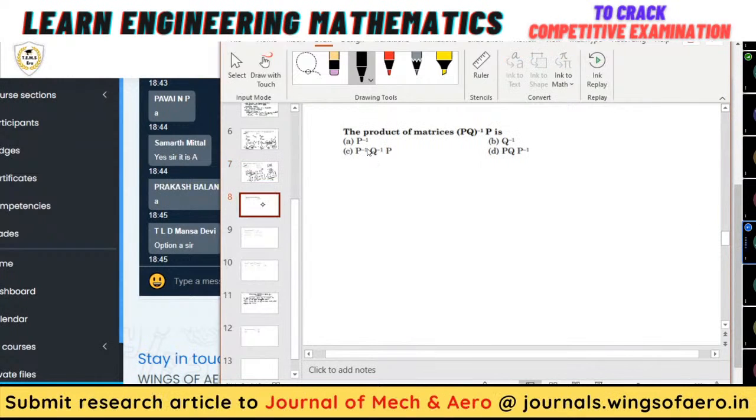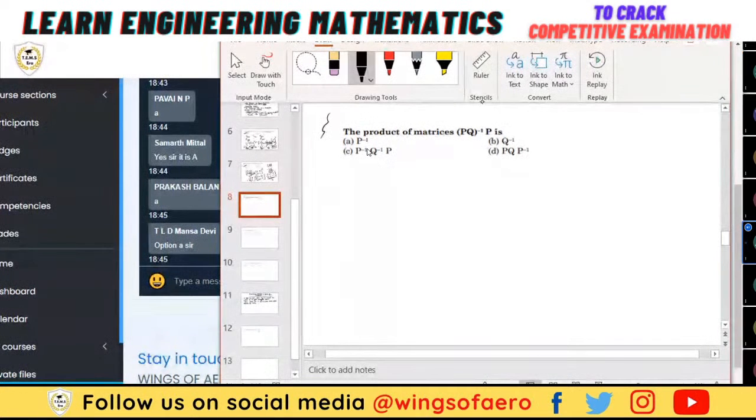Our next question is this one. The product of the matrix is this, that is, of this matrix is, then what is the correct answer?